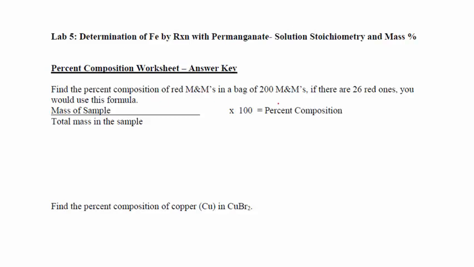So, very simplified percent composition: you have 26 red M&Ms in a bag of 200 M&Ms. You're assuming that all the M&Ms weigh the same, without weighing an M&M and figuring out what the mass is. I think that's a reasonable assumption.